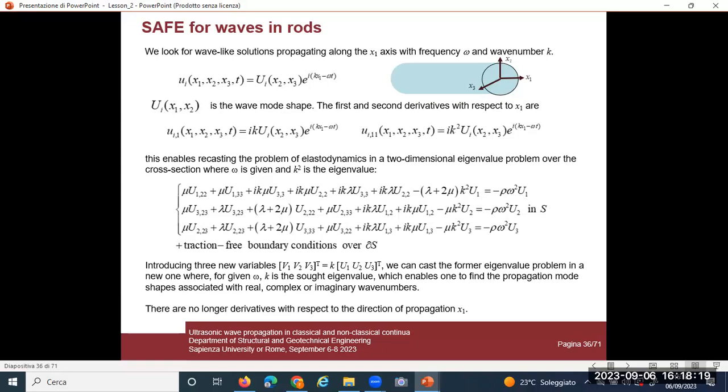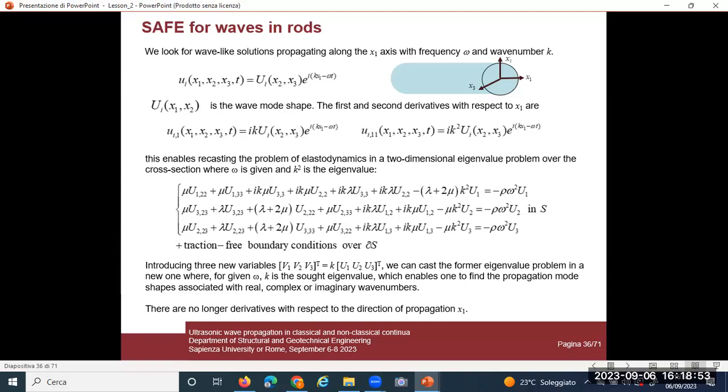Initially, I preferred to calculate k as an eigenvalue. Why? Because I am sure that the frequency is real. Then I decide the range of frequency I want to explore, and I iteratively solve the same problem over that range, and I recover those curves I showed you before.